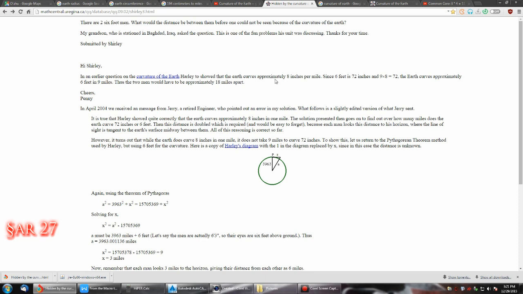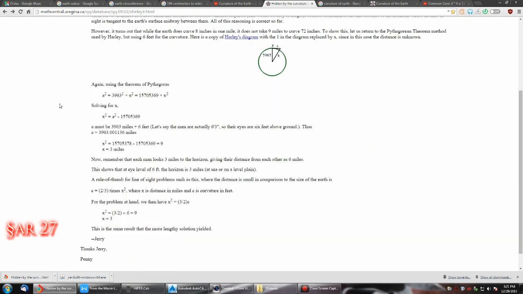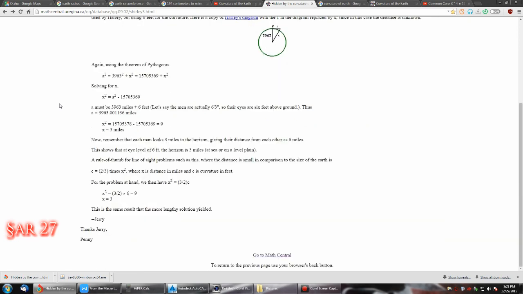In the earlier question, 8 inches per mile, 6 feet is 72 inches, 9 times 8 equals 72. The Earth curves approximately 6 feet in 9 miles. And then goes off over here to explain the Pythagoras theorem.